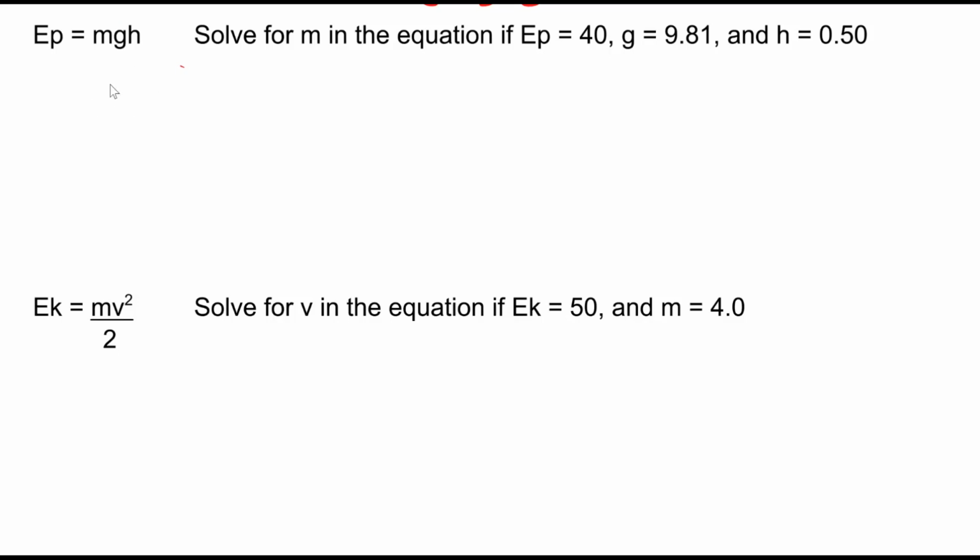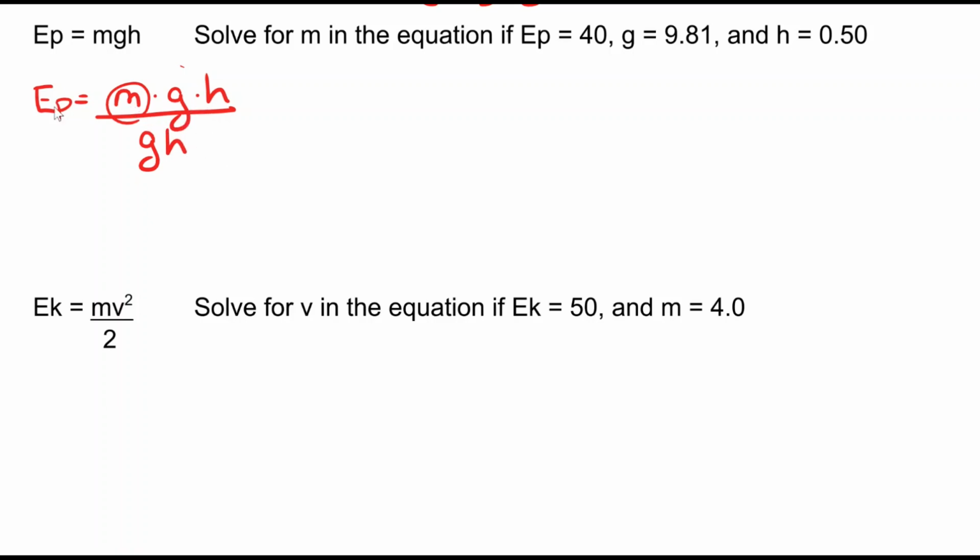You can think of it as EP equals M times G times H. Well, in order to get the M all by itself, you're going to have to perform the opposite operation. What's the opposite operation of multiplying by G and multiplying by H all at the same time? Dividing by G and H all at the same time.